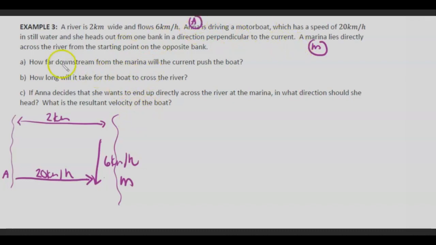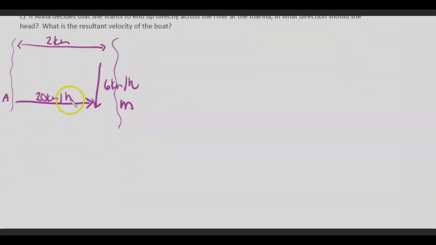Okay, so the question is, the first one, how far downstream from the marina will the current push the boat? Okay, so just a reminder, this here is called the position diagram. This is just a straight diagram of what's going on. Okay, these are usually made tip to tip. Now we're going to rearrange this, and we're going to draw the vector diagram for speed.